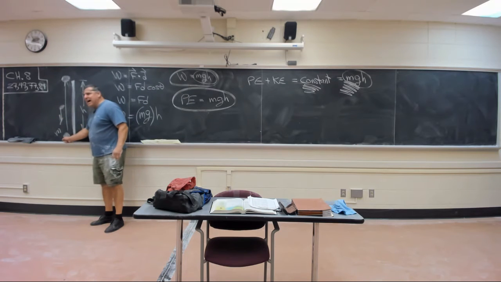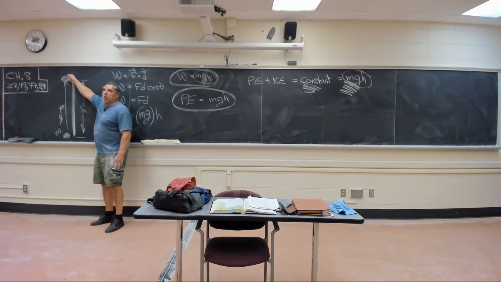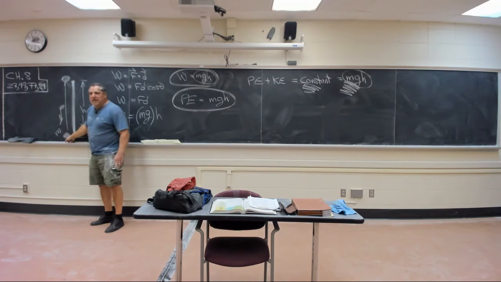At the very bottom, right before it hits the ground, what is going on? It's the same amount of total energy, which happens to be the grand total potential energy way on top.